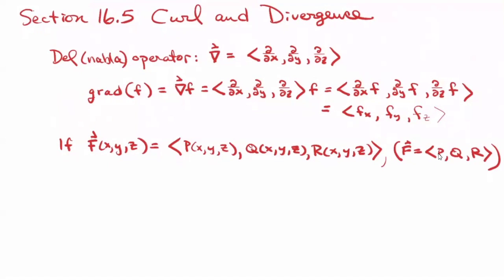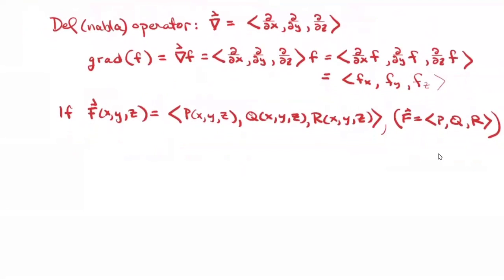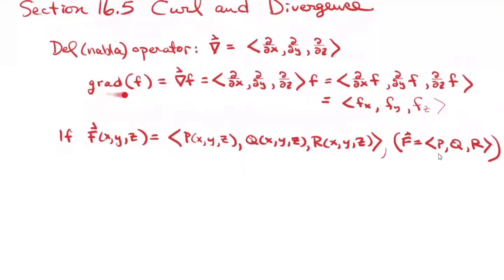Okay, so the lesson's on curl and divergence here. And just as a repeat, the del operator, also called the nabla operator, is a vector of partial derivatives. It's not really a vector, it's a vector operator. We've seen it before in the gradient of f, which is sort of like a scalar multiplication.